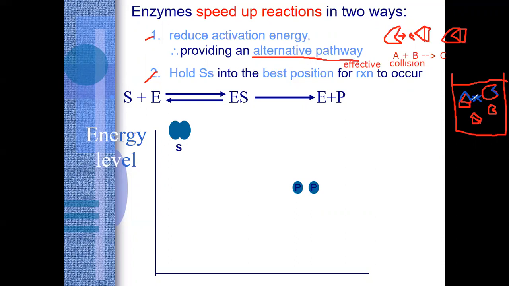So what are the chances, when they move inside this solution and collide, that the orientation is correct so that they can hold hands and become C? The chances are very slim, right? Because it depends on chance. When I come to you, it doesn't mean my hand will be facing you and your hand facing me, holding hands, right?